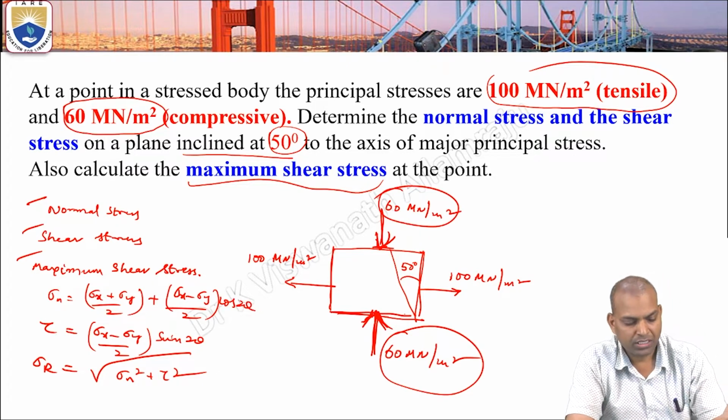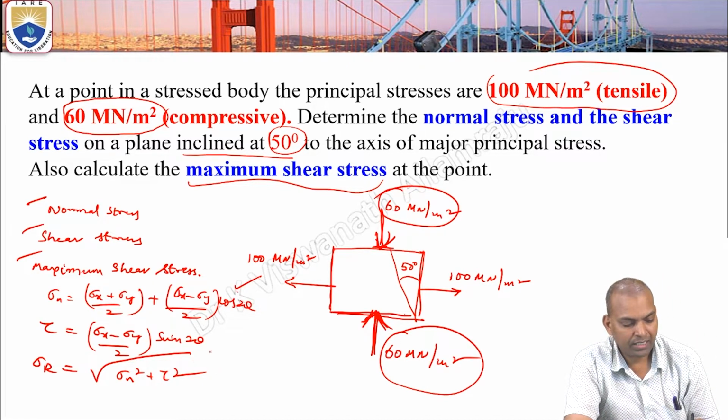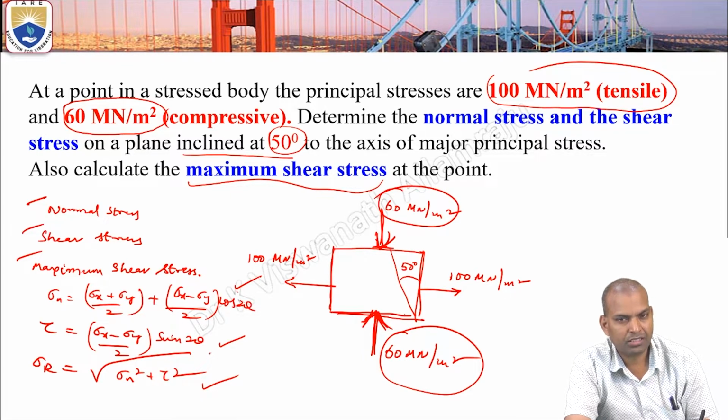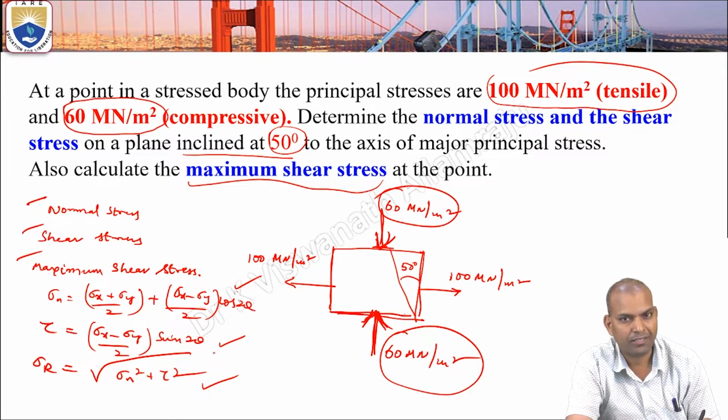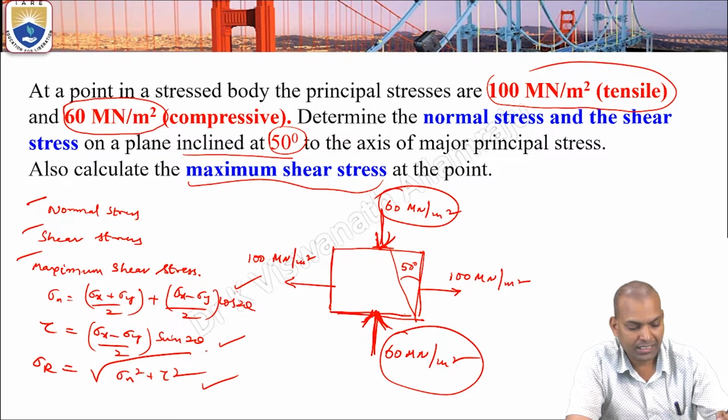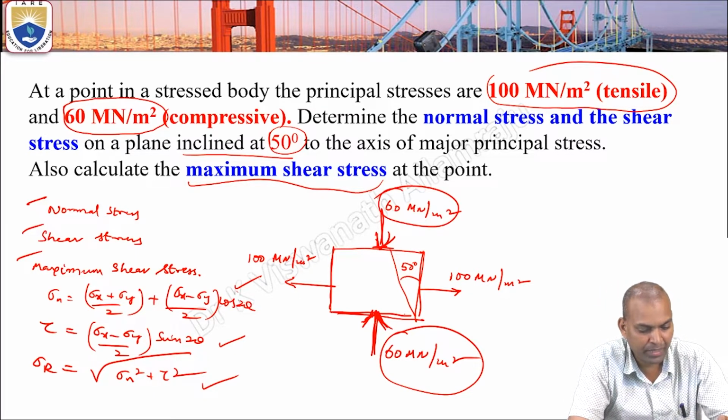We proved the values of sigma n, tau and sigma r by considering the stresses along axis x and axis y as tensile. That is why, considering tensile stress, we found the normal stress, the shear stress and sigma r.